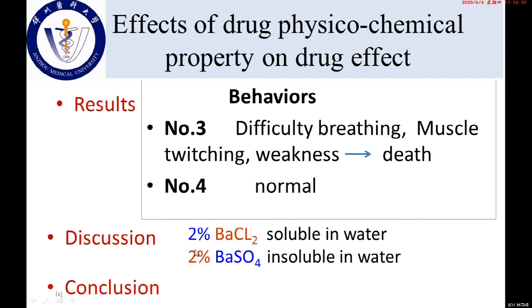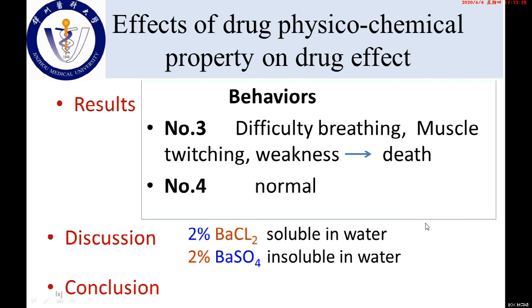Now, let's analyze. You know, barium chloride is soluble in water, but barium sulfate is insoluble in water. After peritoneal injection, the barium ion will induce some effect, leading to death.